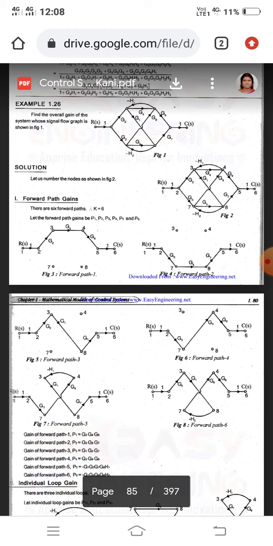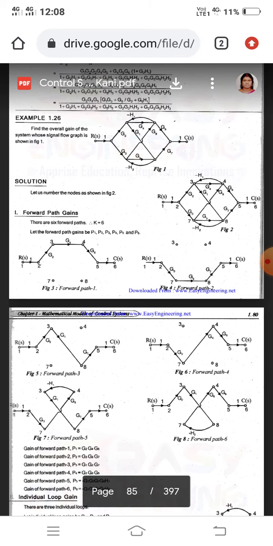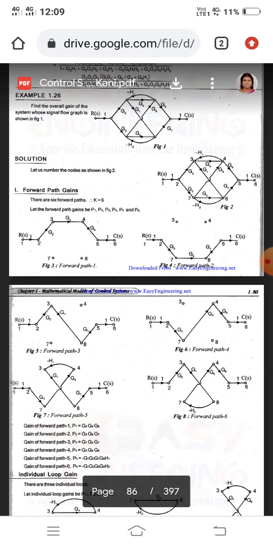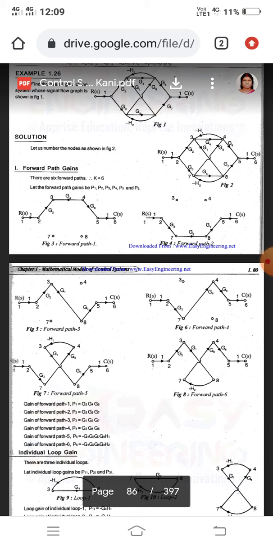So let's go and find the forward paths from R(s) to C(s). The points 1, 2, 3, 4, 5, 6 are one forward path. The second forward path is 1, 2, 7, 6, 5, 6. The third forward path is 1, 2, 3, 8, 5, 6.